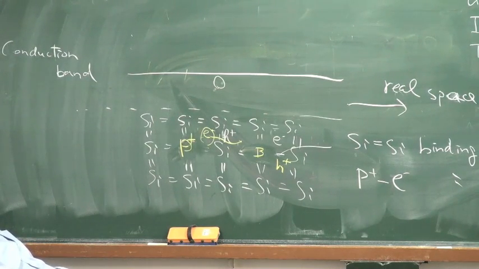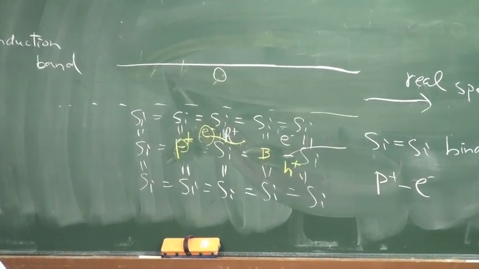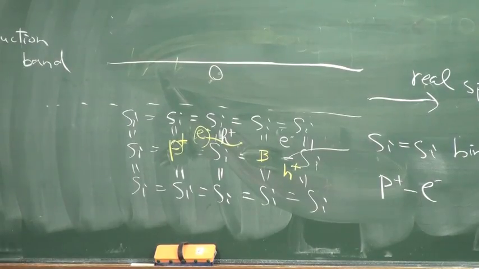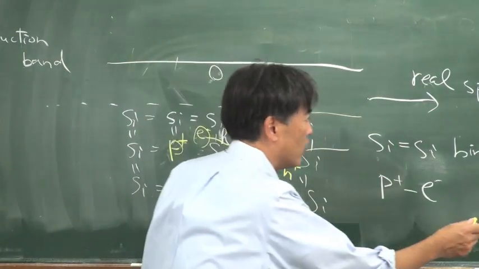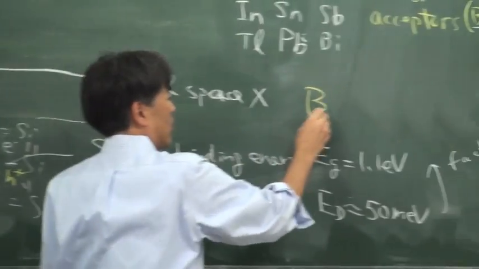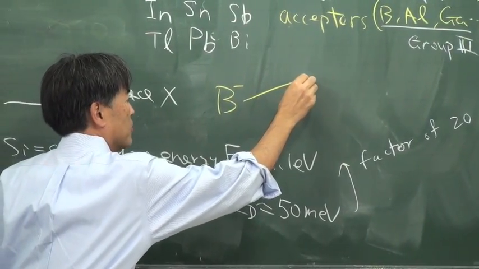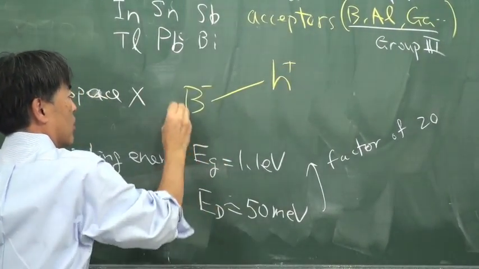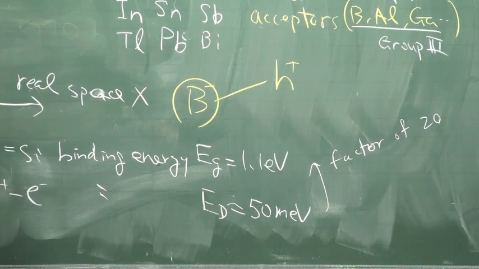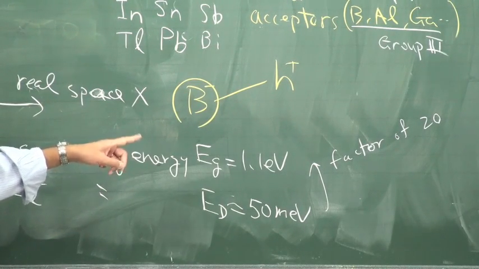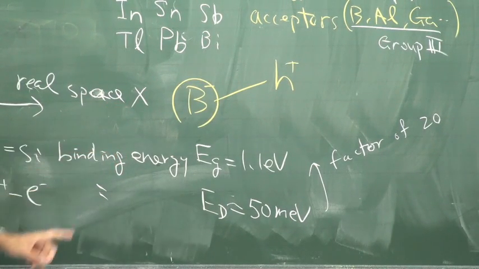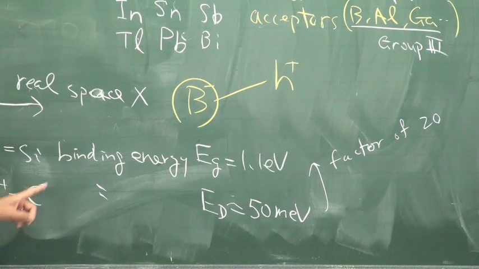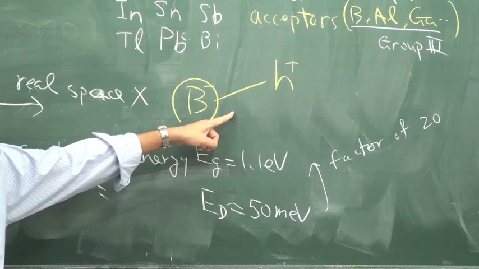And this hole is just like a quasi-particle. It's like an electron, but with the opposite charge. And this hole is bound to boron by Coulombic energy. And this binding energy is also about 50 millielectron volts.